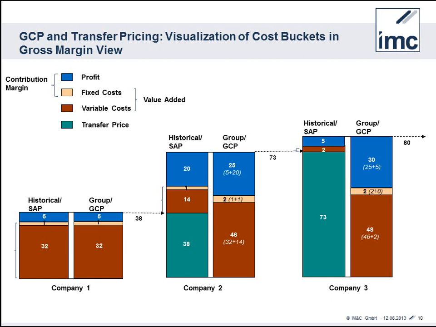As I said before, essentially you have the capability in GCP to set parameters. So if you don't want the transfer pricing to go beyond a certain level or beyond a certain value, you can actually do it, and you can make sure that this is kept where it should be.